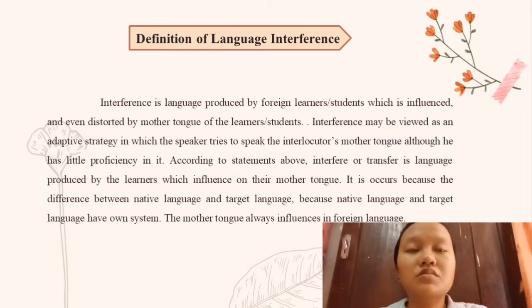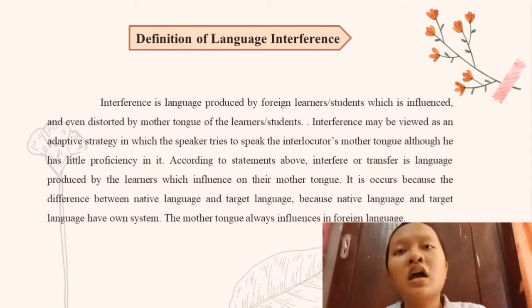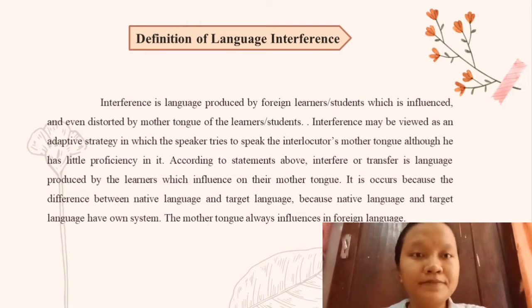According to the statements above, interference or transfer is language produced by learners under the influence of their mother tongue. It occurs because of the difference between the native language and the target language. Because the native language and the target language each have their own system, the mother tongue always influences the foreign language.